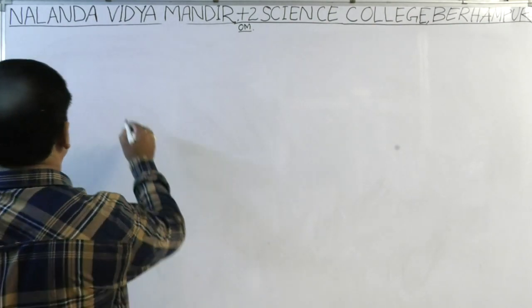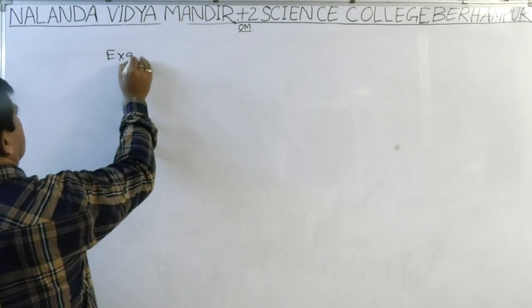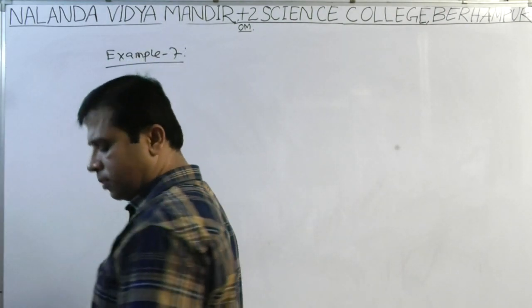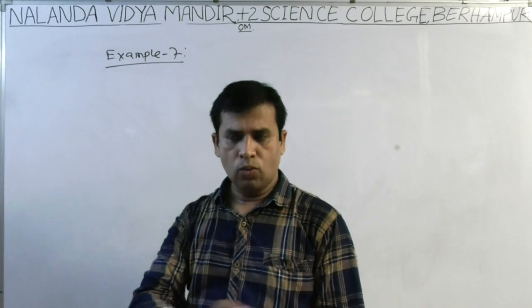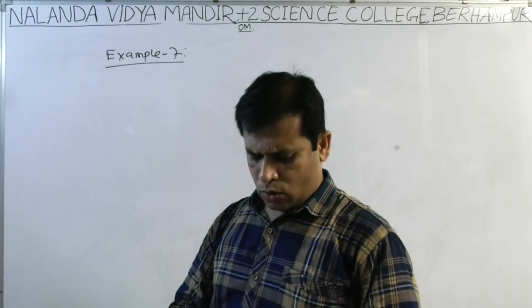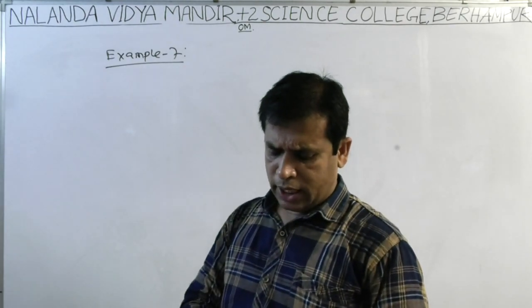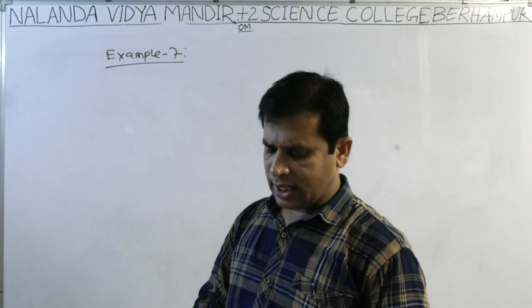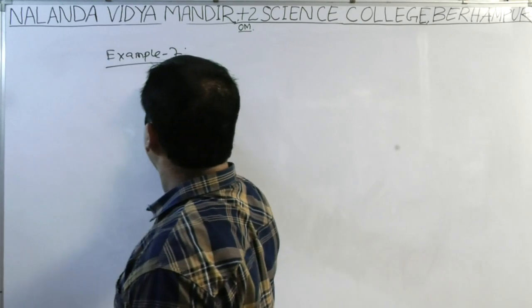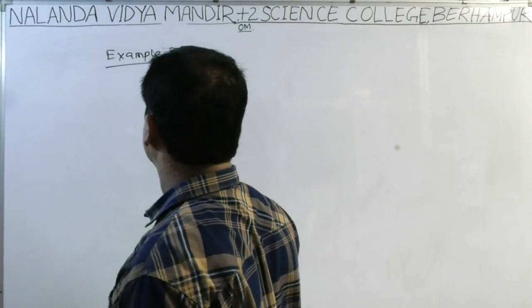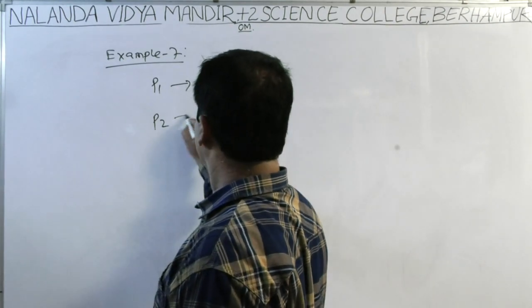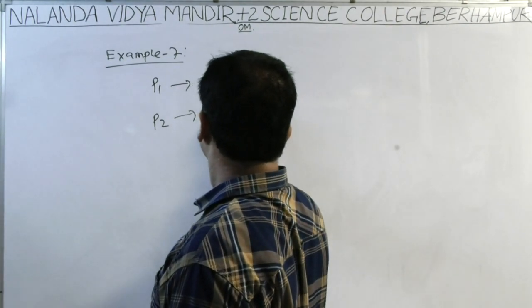Example 7. This problem is known as what problem? The total investment in farming and business by two persons P1 and P2 is 10 lakhs and 15 lakhs. P1 and P2, two persons, they invest 10 lakhs and 15 lakhs.